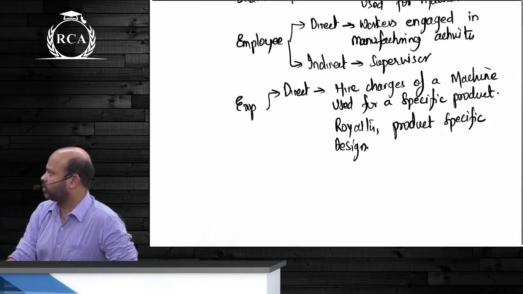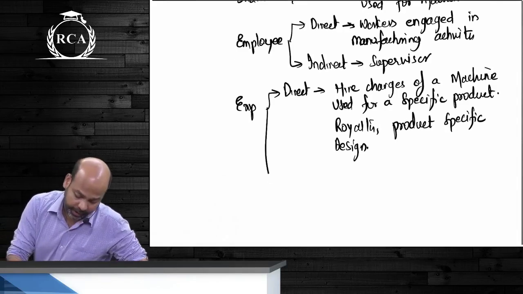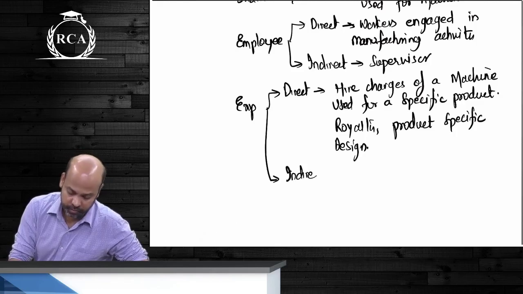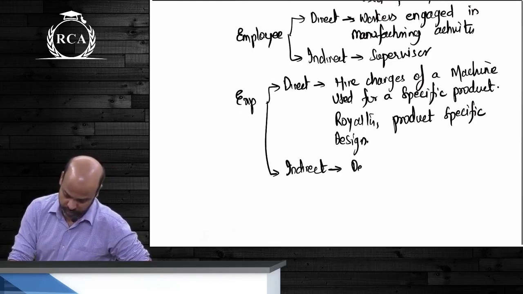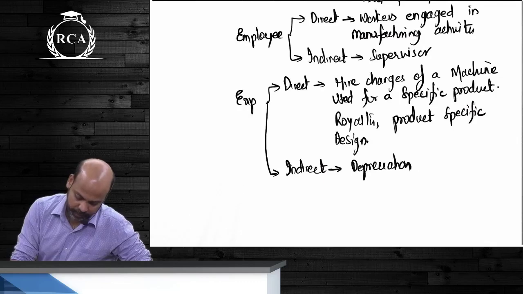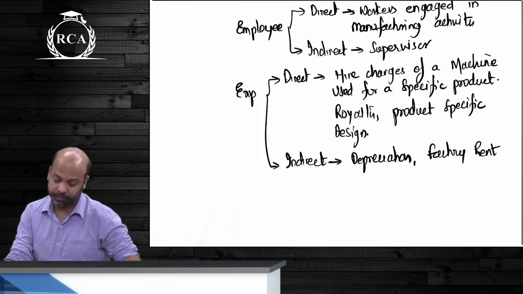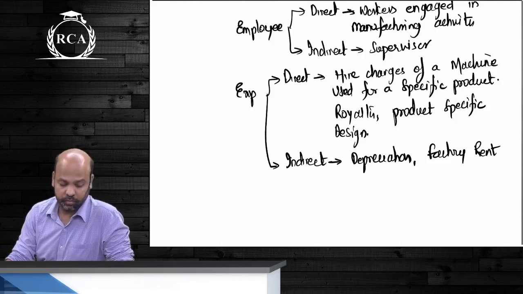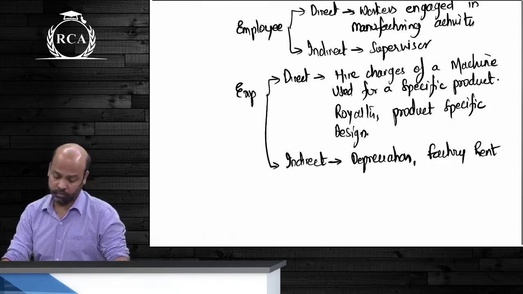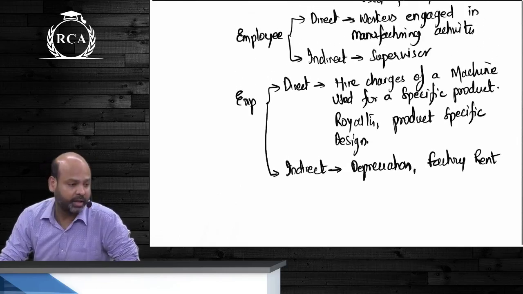Indirect expenses: depreciation, factory rent. Employee cost is done, direct and indirect.